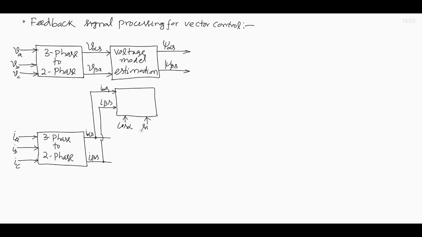That means, it takes the angle alpha information. Using the angle alpha information, this block generates from I alpha S and I beta S the current components Im, which is there in the transient period, and the torque or active component of the current It, estimated using cos alpha and sin alpha.